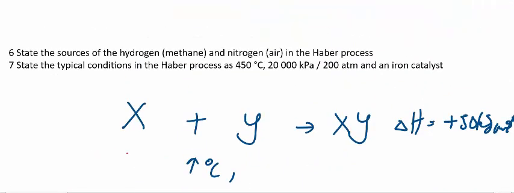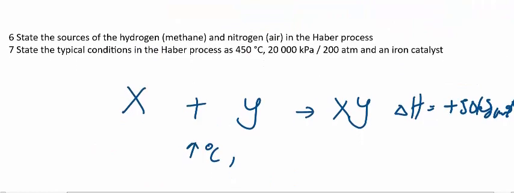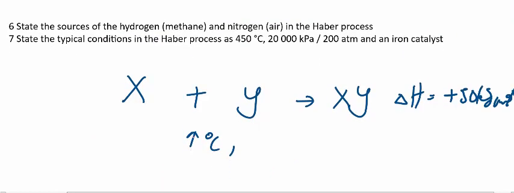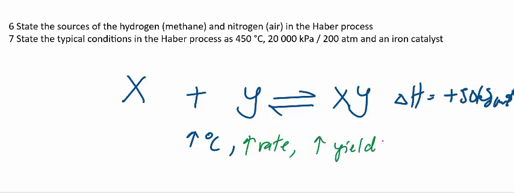Yes, because rate is not affected by any equilibrium. High temperature, high rate. This one is reversible. Do I also get high yield? Yes, because high temperature favors endothermic. That means this direction is endo. Can you understand?